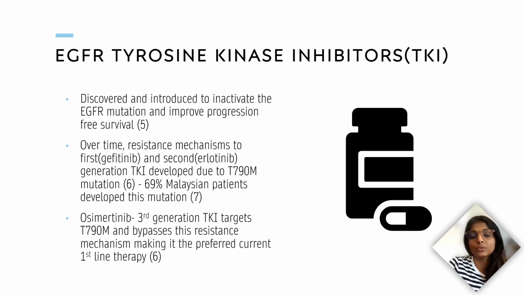A recent 2024 study showed that 69% of lung cancer patients developed the T790M mutation, and this is where osimertinib, a third-generation TKI, enters the picture by targeting the T790M mutation and bypassing the resistance mechanism. This pushed osimertinib forward as the preferred first-line therapy in this group of patients.